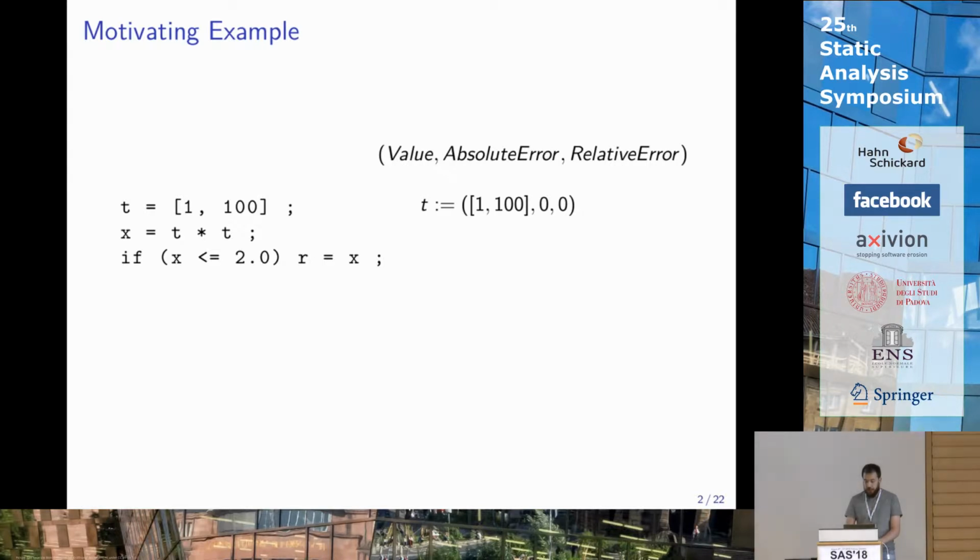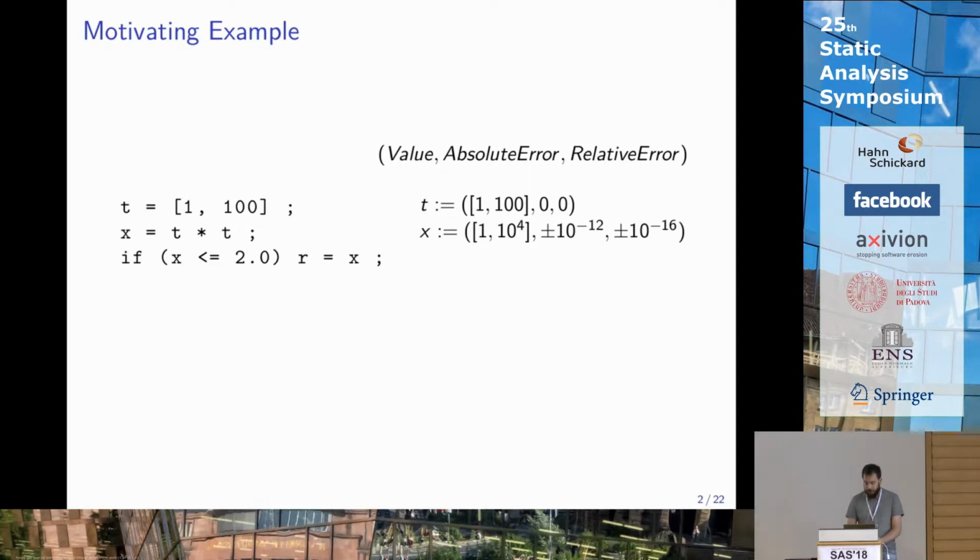After that, we have the variable x, which is assigned the interval 1 to 10^4. And the floating point multiplication introduces an absolute and a relative error. The relative error is bounded by this value because of the standard, and it implies the absolute error we have here, which is caused by the biggest value of x.